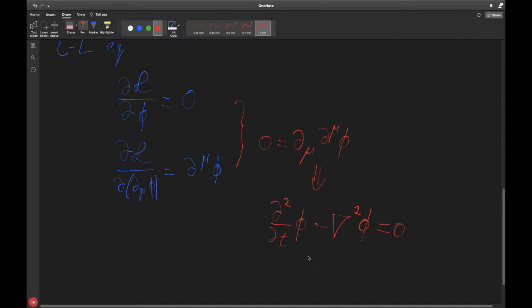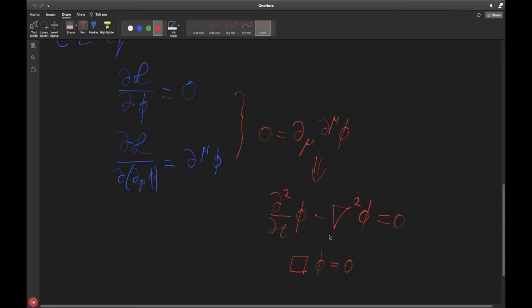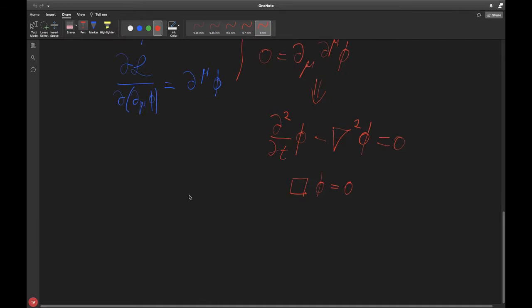You could also denote this with the box phi, because this is something which we have seen earlier. So box phi equals 0, and this is something that could be familiar from electromagnetism.